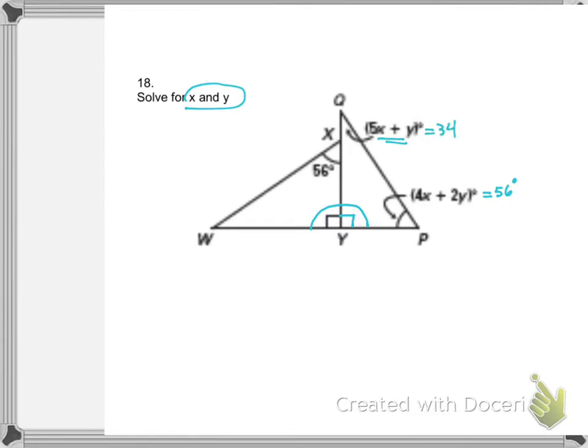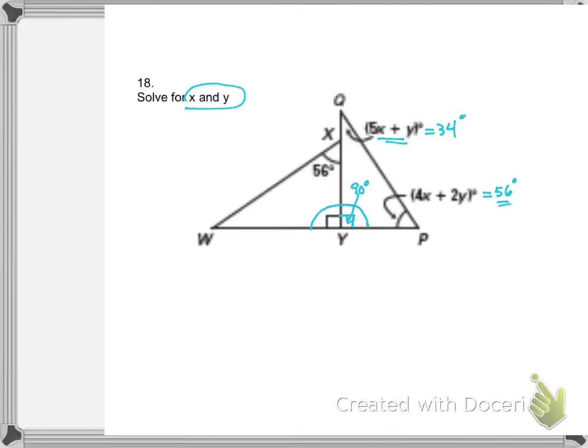Okay, so both of those expressions have now turned into equations because I can set them equal to the proper angle. So let's go back to how I knew that was 34 degrees. I know that this is 90 because those two angles, this box and next door, have to sum to 90. So I've already used up 90 degrees in my triangle.